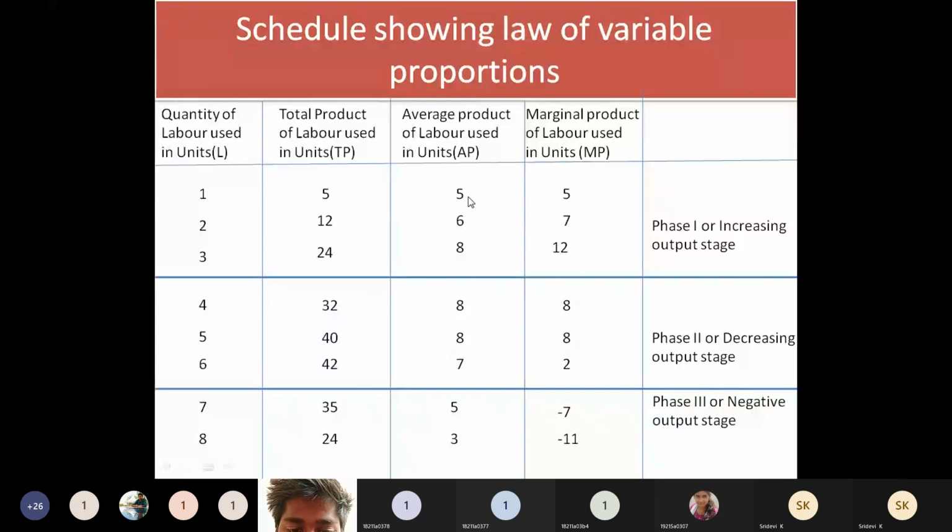That is why the average curve is flowing below the marginal curve. After touching, the average curve will be more than the marginal product. See here, when it is 2, it is 7. So after both are equalized and intersect, the average curve will flow above the marginal product curve.